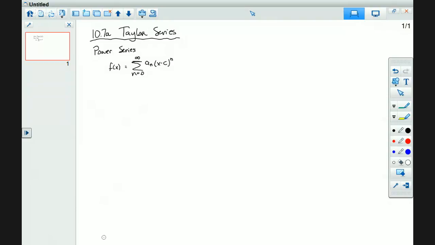So I'm going to expand this series out. Oh, that should be a series. So there's the power series, the general statement on what a power series is, right?